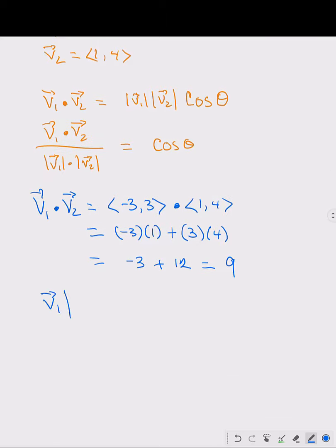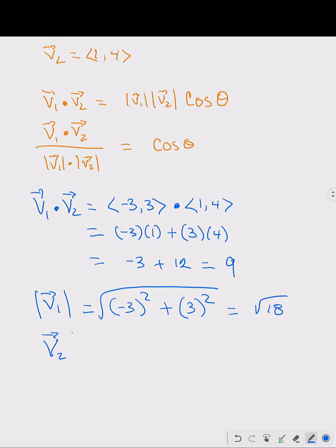And then the length of V1 is the square root of (-3) squared plus 3 squared. So that's 9 plus 9 is 18, so that's root 18. And the length of V2 is the square root of 1 squared plus 4 squared, so that is square root of 17.